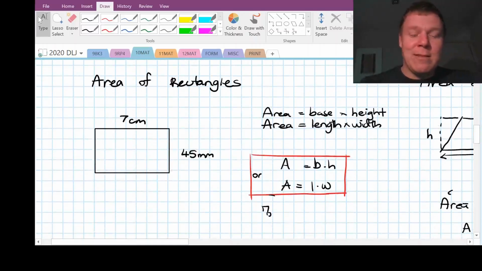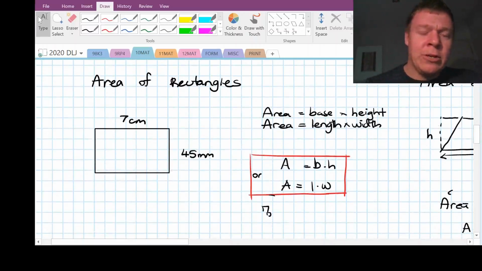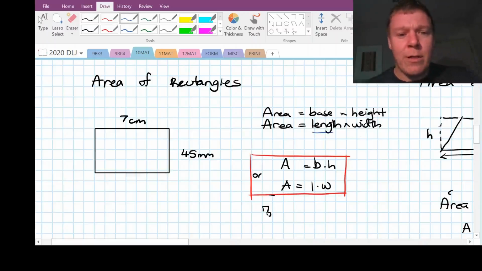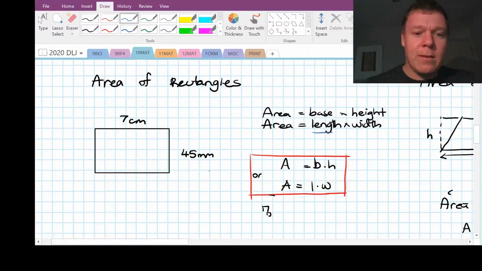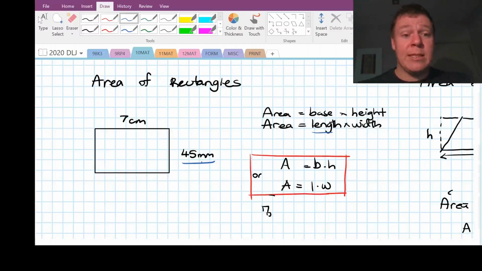All right, let's get on to area. It's pretty easy. You're just multiplying your base times height, or your length times your width, whichever way you want to think about it. So in this situation that we've got here, we've got 45 millimeters and 7 centimeters. So first off, we want to put them into the same units.